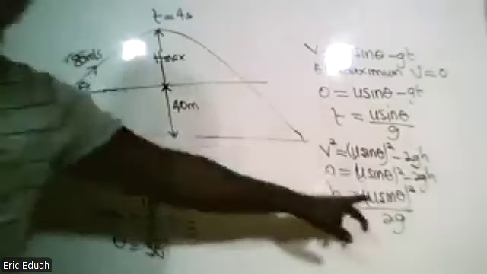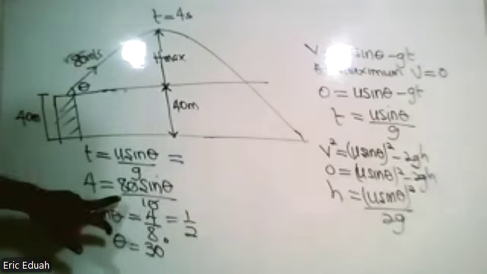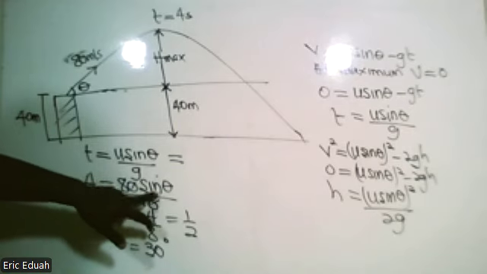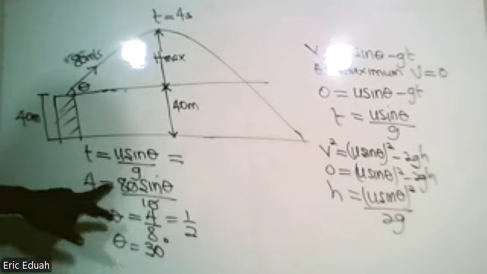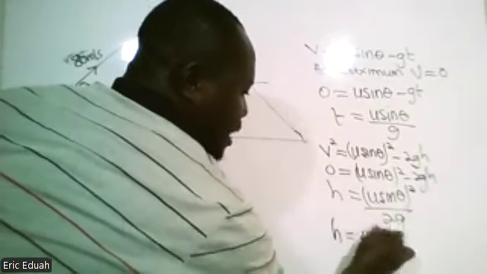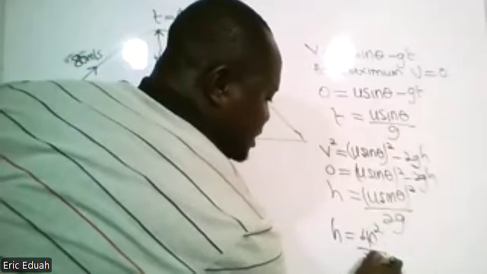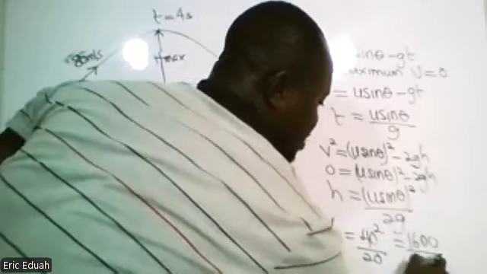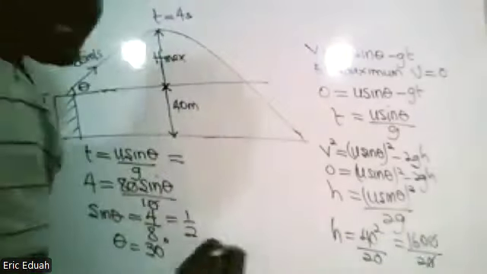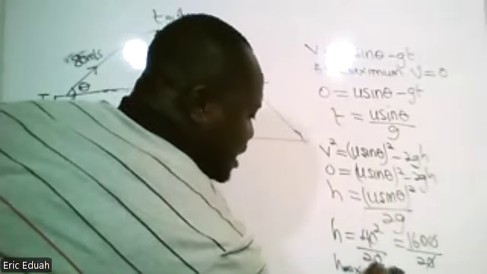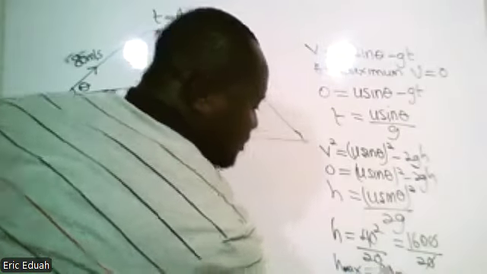U sine theta is equal to 80 times sine 30. Sine 30 is half, so that is 40. So we have h being equal to 40 squared over 2 times 10, 20. So 1600 over 20, and this is h, the maximum height reached by the projectile, equal to 80 meters.